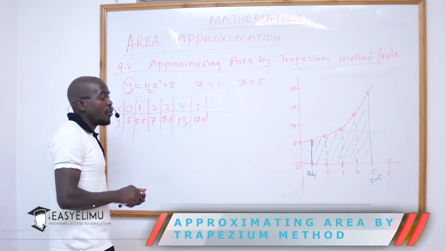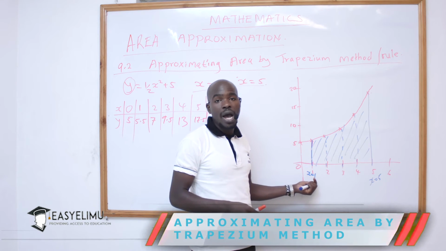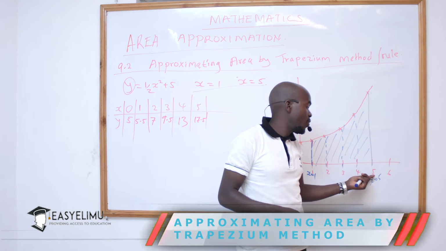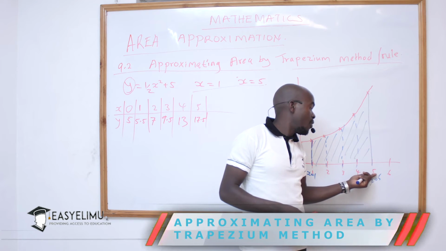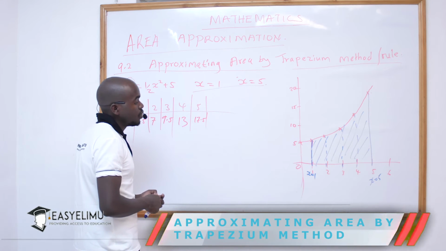So from the formula we can say we are having the first one as x equals 1, and the last y is x equals 5.